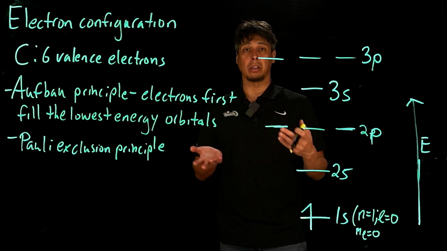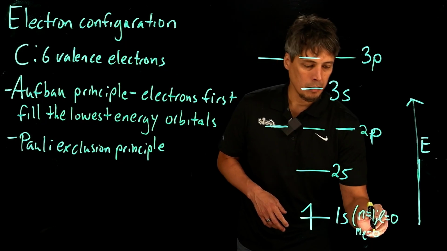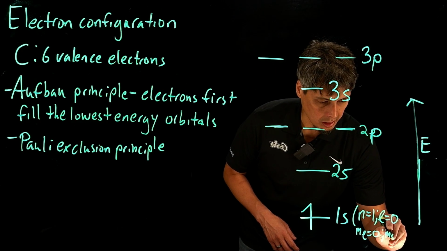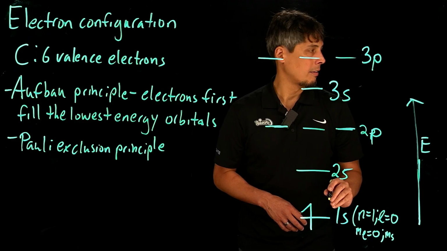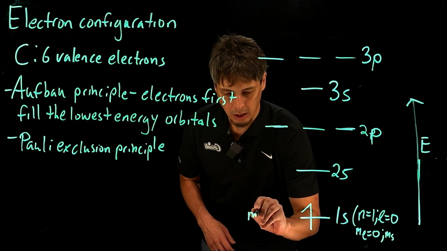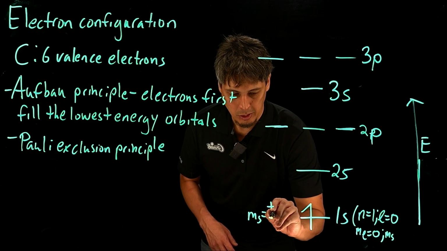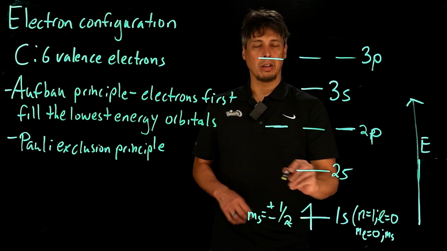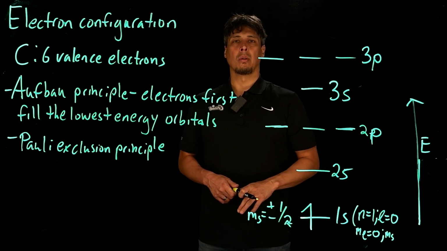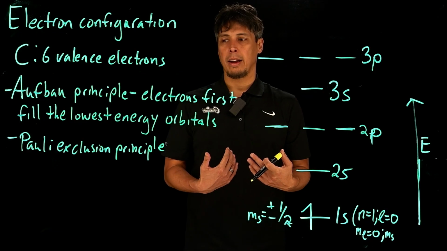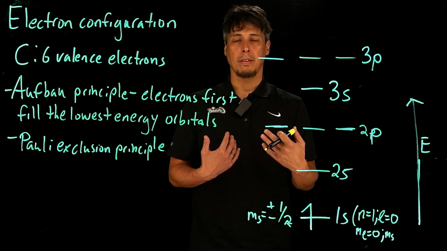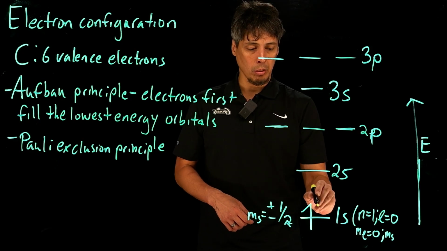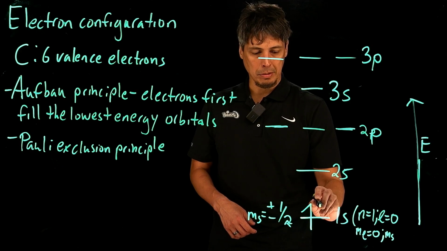For an s orbital, it can only equal 0. And so the only one that can differentiate between this and another electron is ms, which can have values of either plus or minus 1/2. So if we take this first electron that we put in here as positive 1/2, in order to have another set of unique quantum numbers, we can put another electron within this orbital, but it has to have the opposite spin.